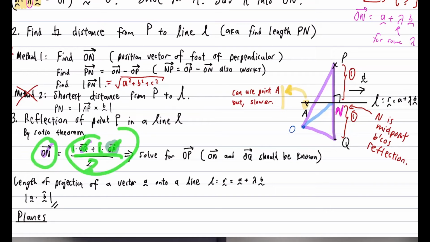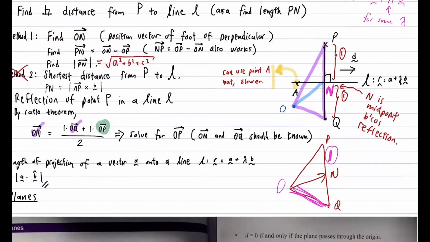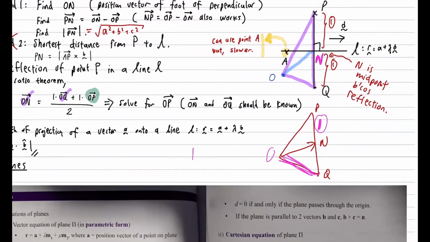How do I get this? Let me show you. Maybe I just redraw this. What I start off with is, here is ratio 1, here is vector OQ. So I get 1 times OQ. I better not put a cross, I later mix up with cross product. But then you have to add on what?